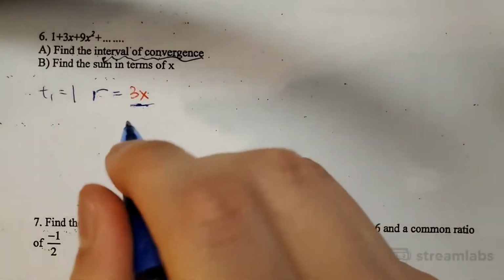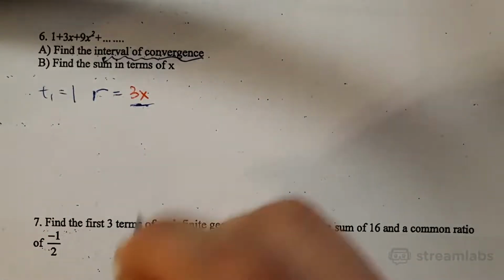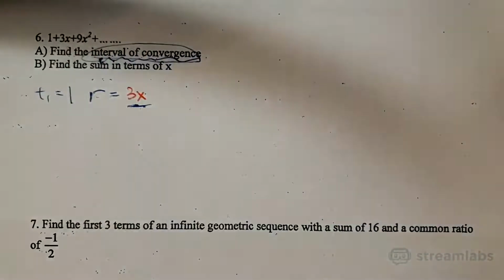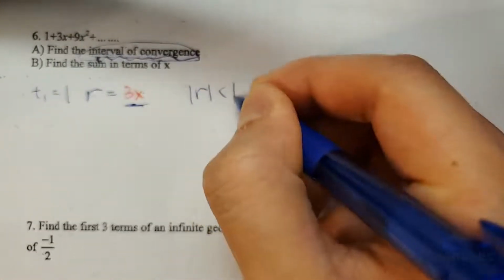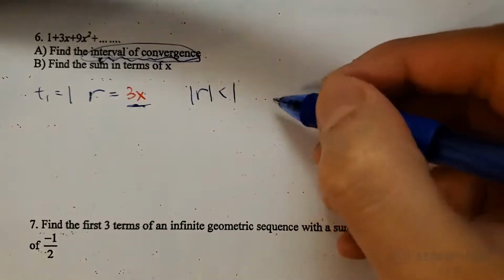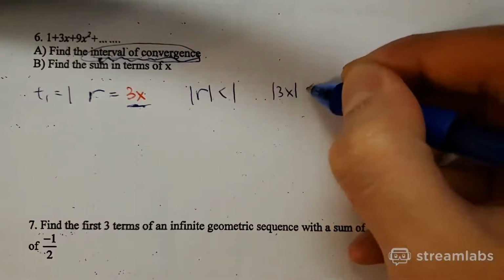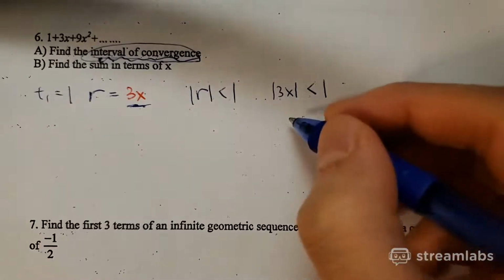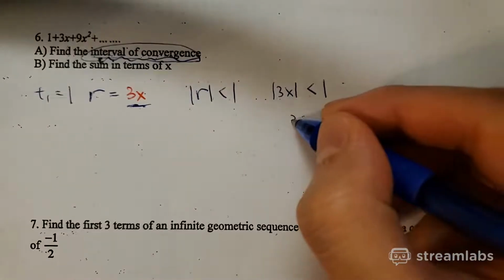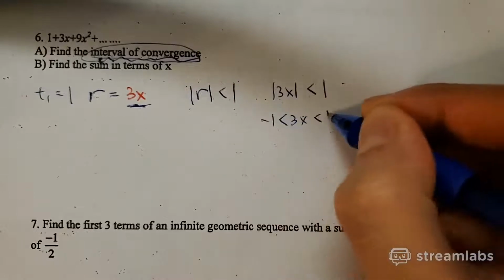What does it have to be in order for it to converge? That's called the interval of convergence. My ratio needs to be less than 1. In other words, my 3x needs to be less than 1. That means 3x is in between -1 and 1.